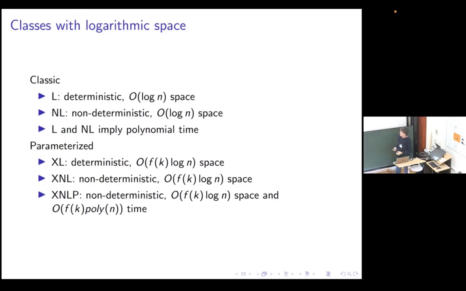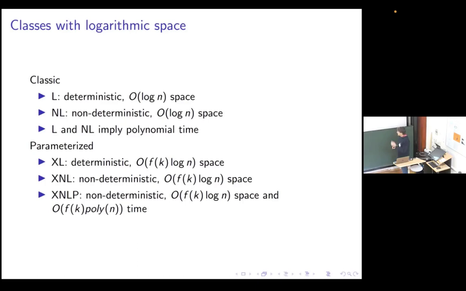Then there is NL, which is a non-deterministic algorithm. And of course, these are subclasses of P, because you could just try all possible space configurations. But you can make parameterized variants of it, where you say basically, I don't use log n space, but a function of your parameter times log n space.